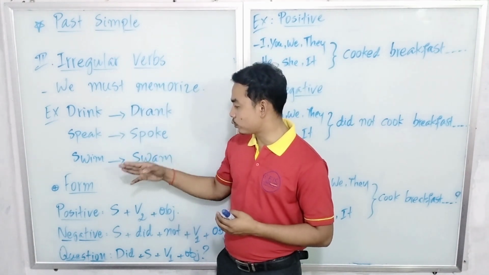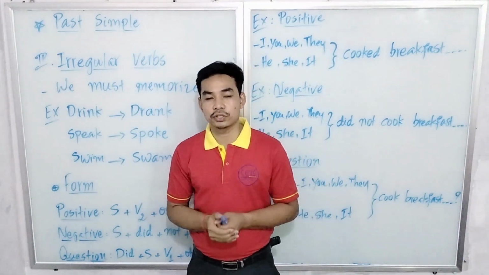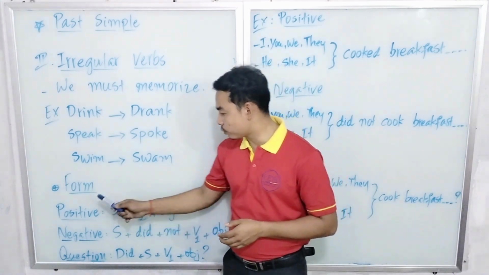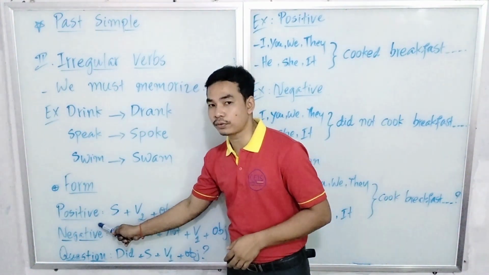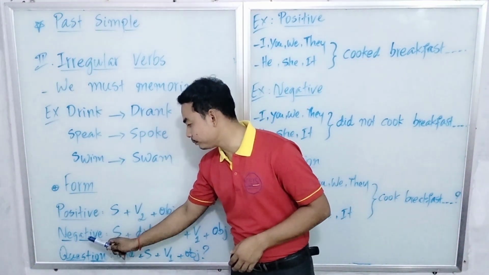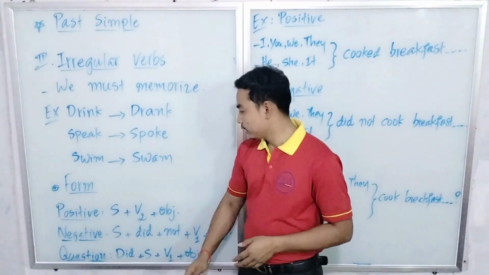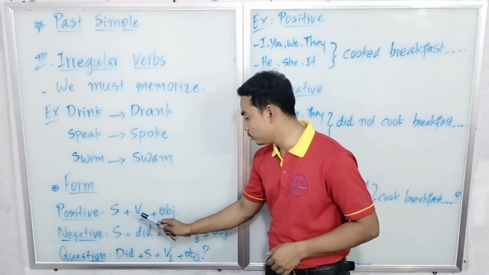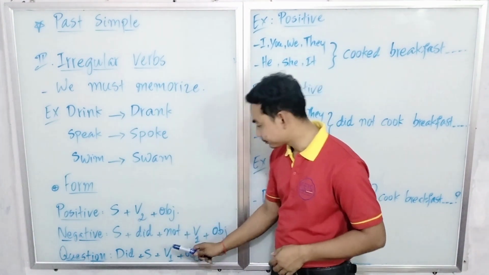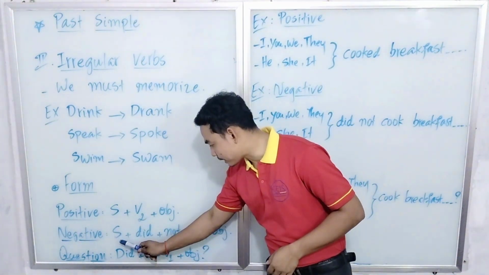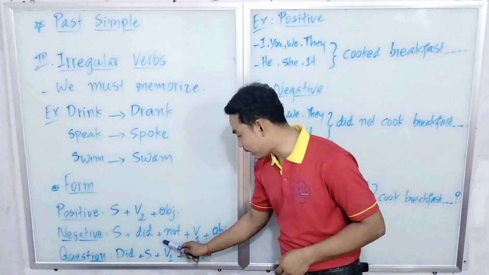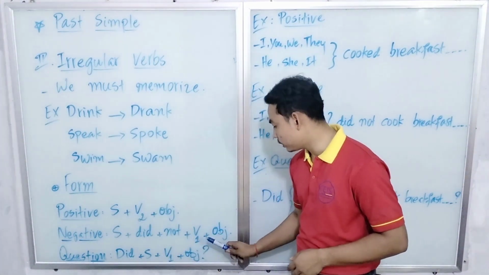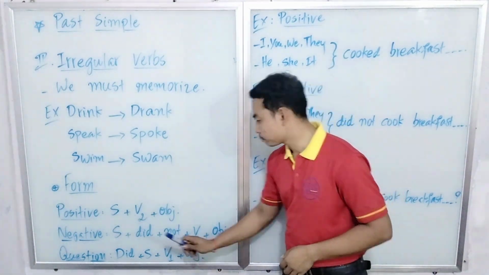So let's go ahead to form. Alright, we talk about form. The first one is positive form, negative form, and question form. Positive form: subject plus verb 2 plus object. Negative: subject plus did plus not plus verb 1 plus object.